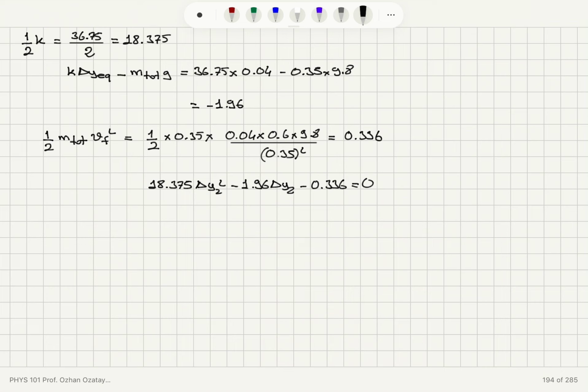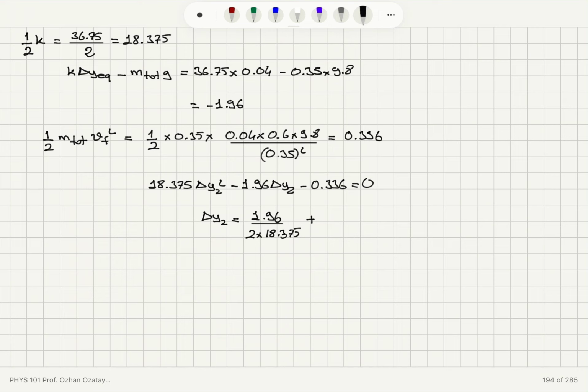This equals 0. And we can solve this quadratic equation. Delta y2 is equal to minus b, 1.96, plus or minus square root of b squared minus 4ac, divided by 2a. So this will be divided by 2 times 18.375. We're going to take the positive root only.